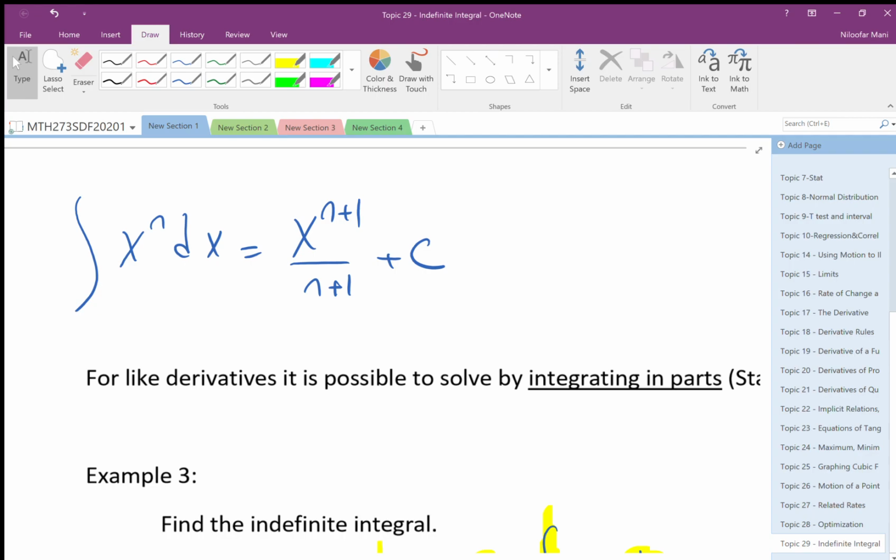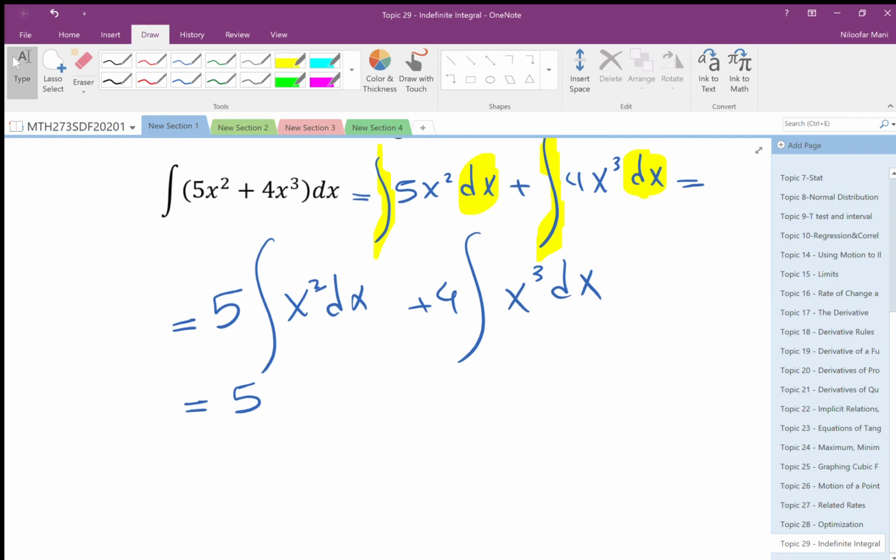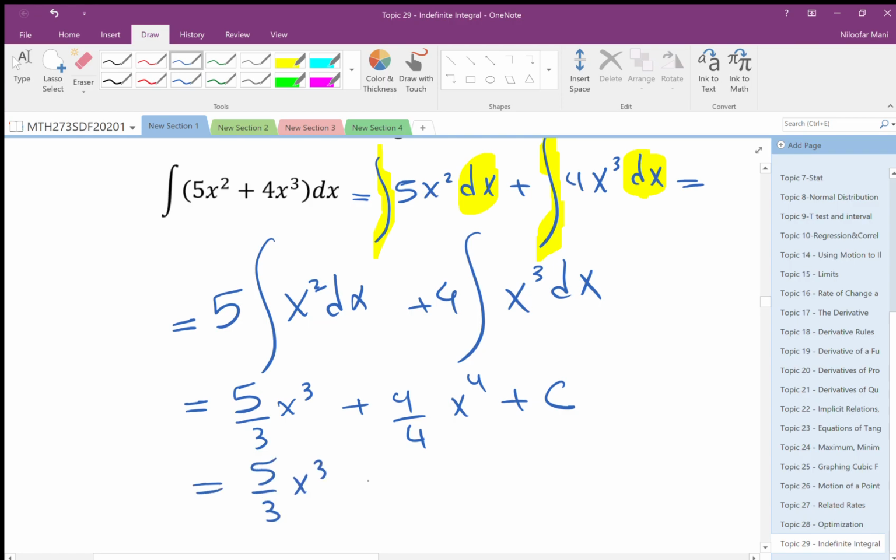And I have to add plus c because the derivative of c is 0. So now, it's 5 divided by 3 x cubed plus 4 divided by 4 x power 4 plus c. Simplify. 5 divided by 3 x cubed plus x power 4 plus c.